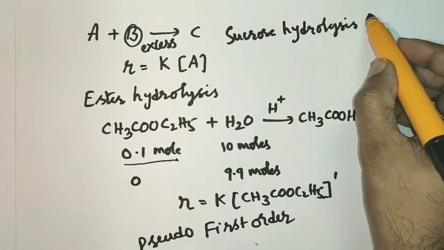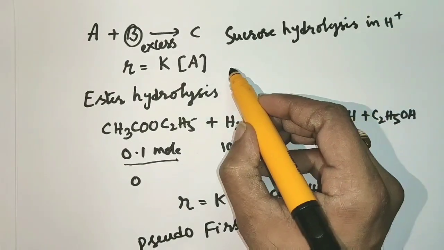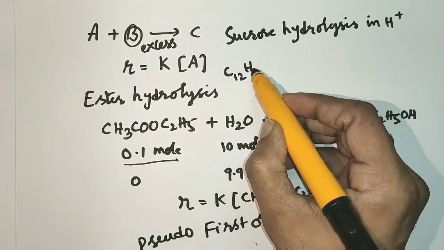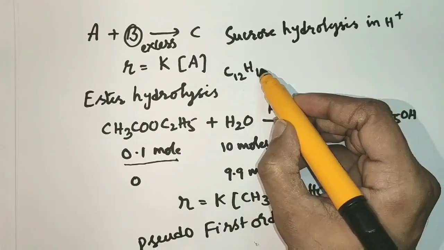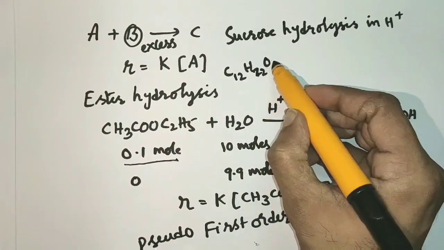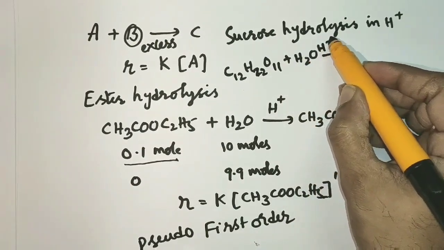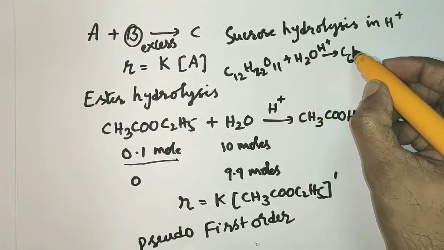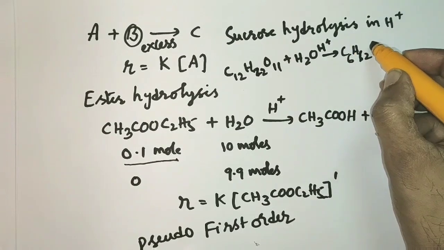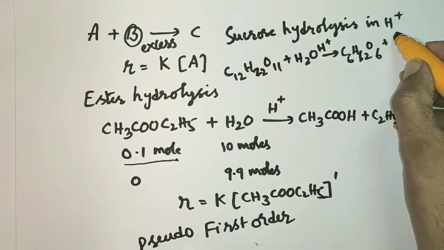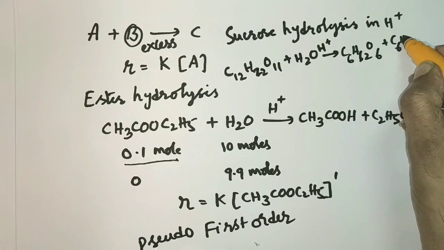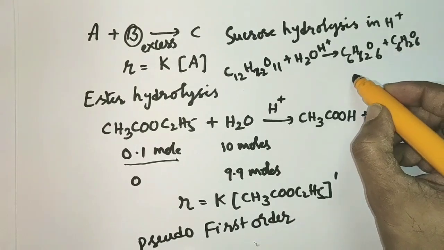In acidic medium, C12H22O11 when it reacts with water in presence of acidic medium will give you the mixture of glucose and fructose.